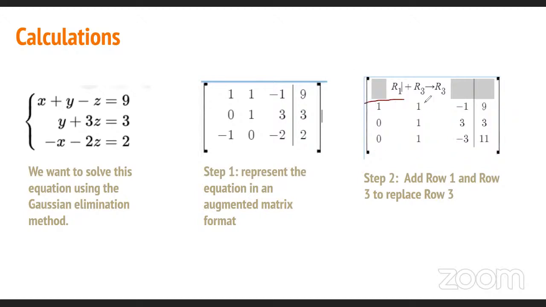Then this is our row 1, and the row below is our row 2, and the row below is our row 3. I'm very sorry for the diagram, but I hope everyone understands this.